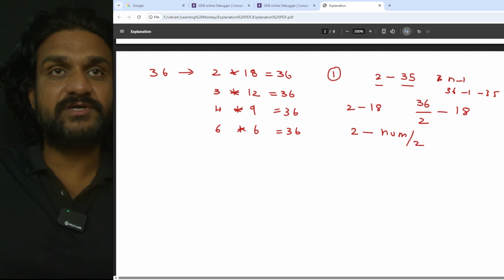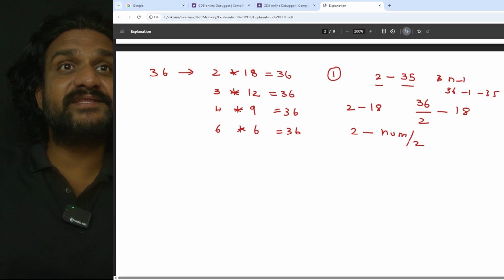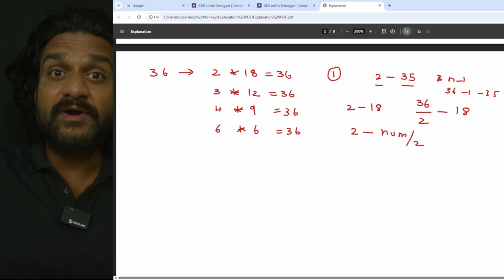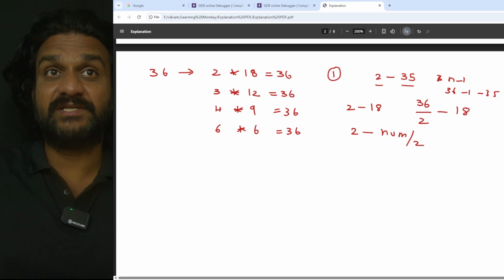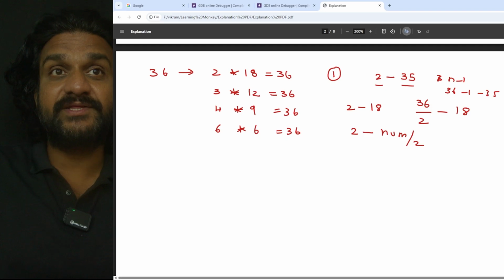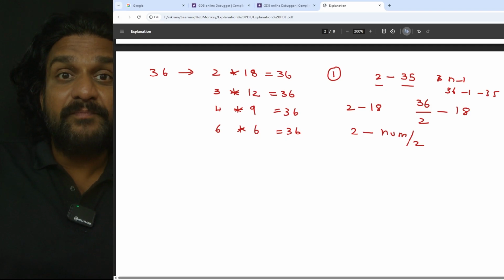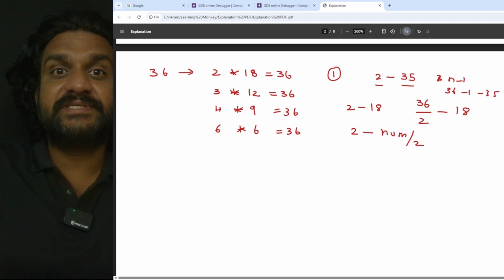Why? Let's take this case. Here we have all the factors by which 36 is divisible. 36 is divisible by 2, and it is also divisible by 3, 4 and 6. These are all the factors by which 36 is divisible.